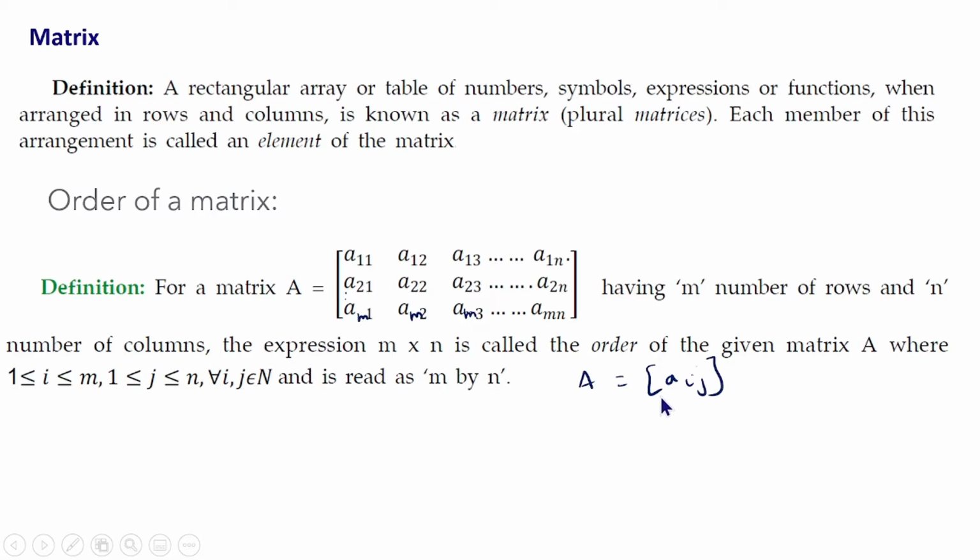So this is the general notation of representing a matrix. And the order of the matrix is given by m by n. This means the matrix A has got m rows and n columns.